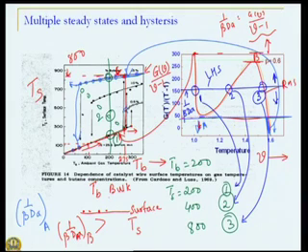This is called 1-3-1 because if you change this parameter 1 over beta Da, we go from 1 steady state to 3 steady states to 1 steady state again. So, that is why it is called 1-3-1. The intermediate one is typically inherently unstable.